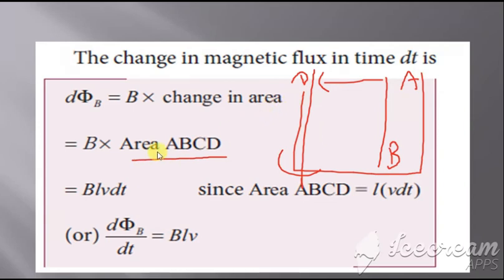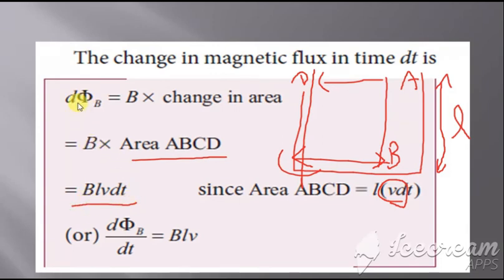Area is always length into breadth, is it not? The length here is L, as this rod has length L. Instead of the breadth, we write velocity into the distance, so v into dt. So it is BLv into dt.